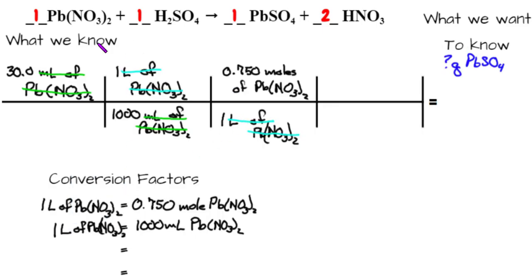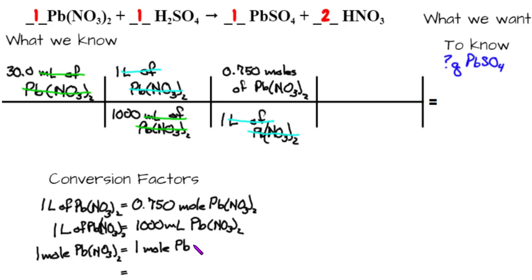So I'm going to say that 1 mole of Pb(NO3)2 gives me 1 mole of PbSO4.